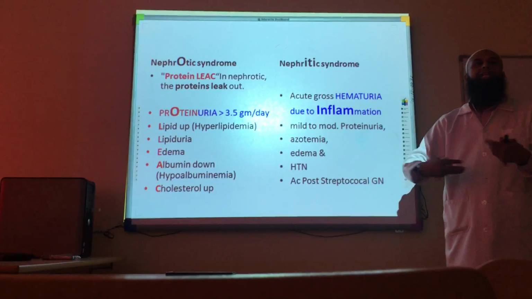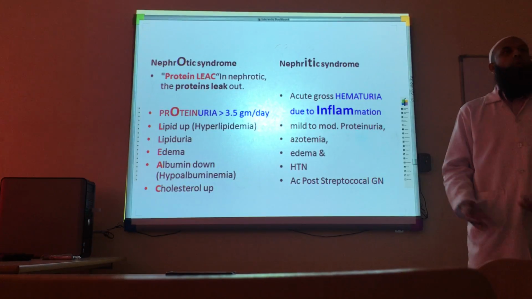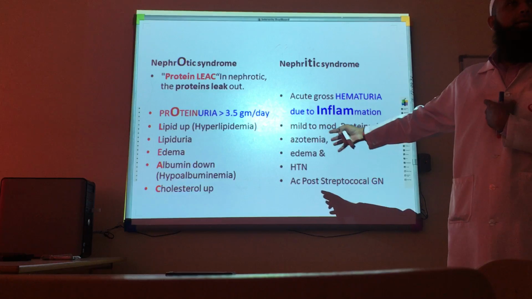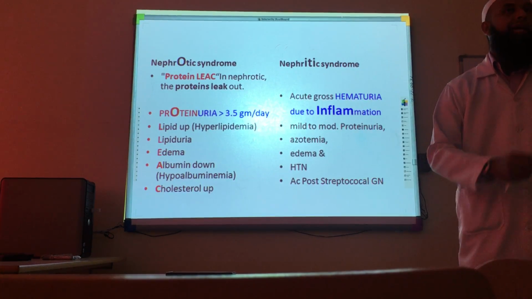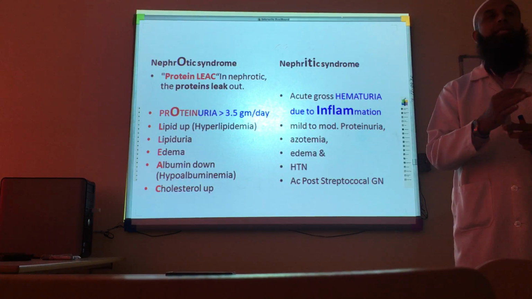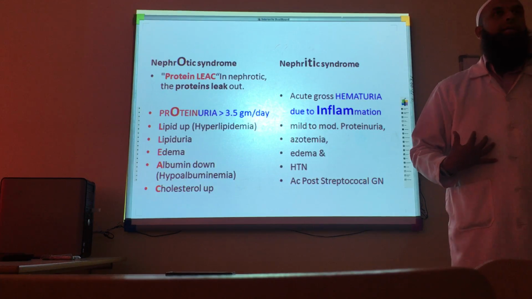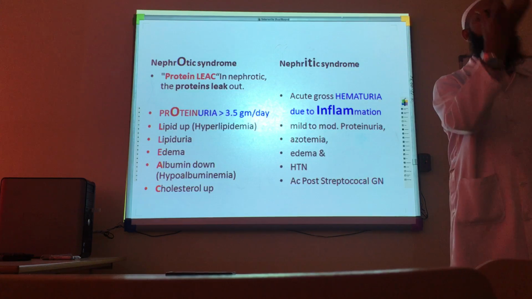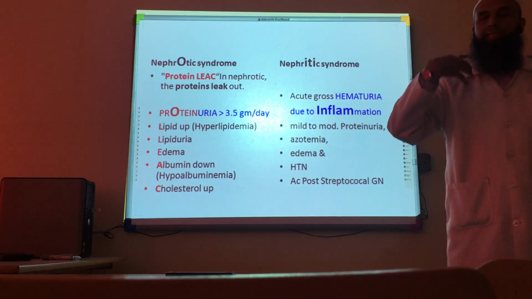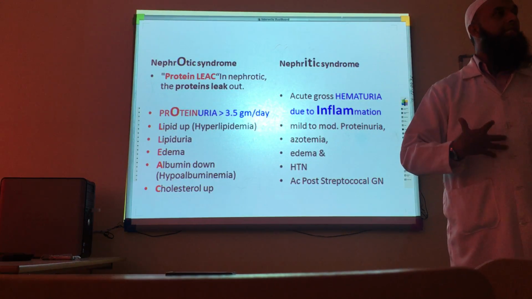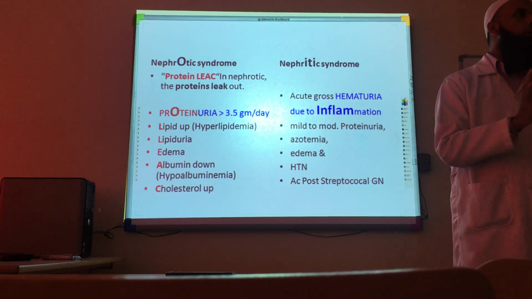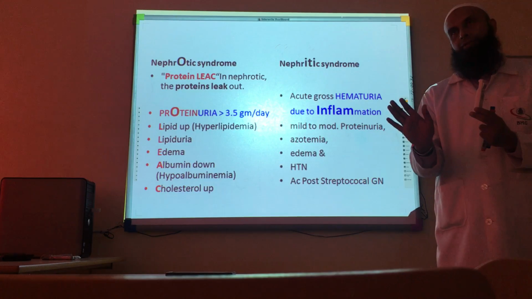If we don't find signs and symptoms, like we don't find edema, we don't find hematuria, we don't find other findings of nephrotic and nephritic, but still when we check, the level of nitrogen is raised, and there is no manifestation in the body, then we say it is azotemia. It is just a biochemical test which is telling that this is increased. But once you see the signs and symptoms of this disease in the body, then we call the same as uremia. So the only difference is the clinical manifestation.